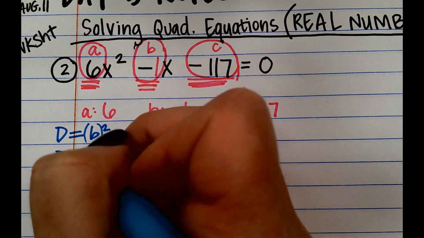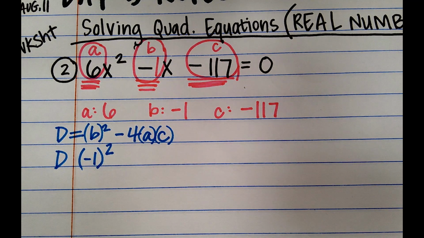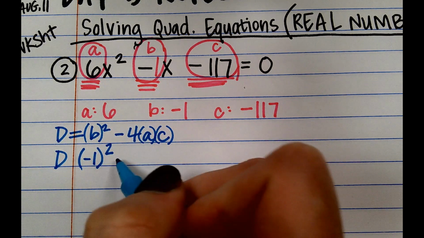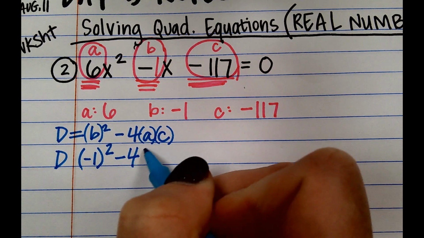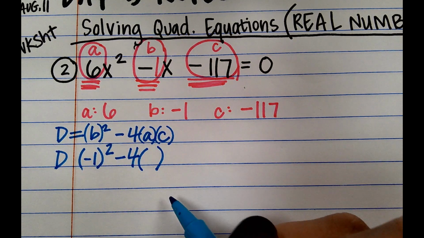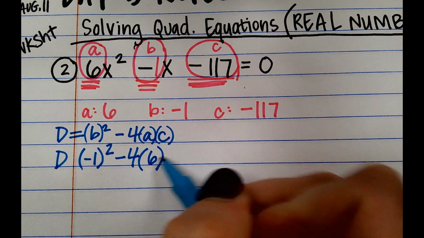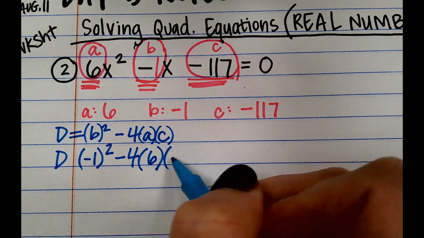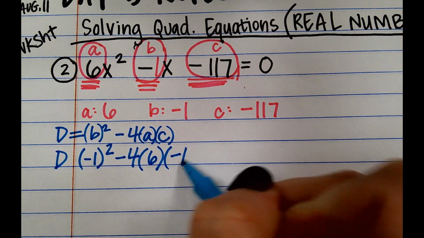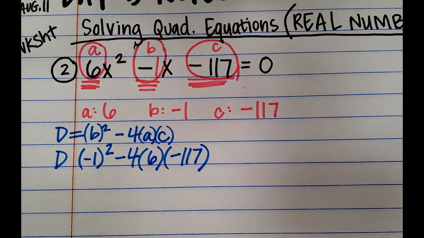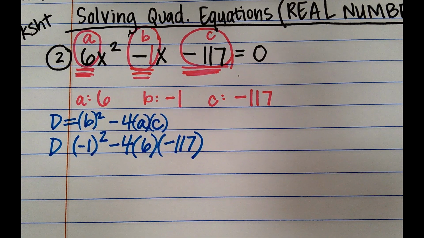Negative 1, my b. So negative 1 squared minus 4 times a, which is 6. Good. Times c, which is negative 117. Okay.